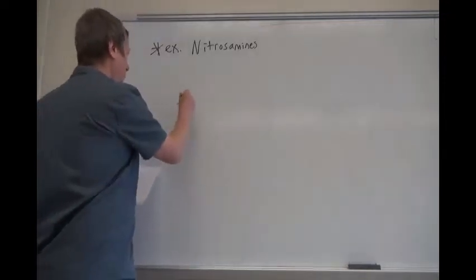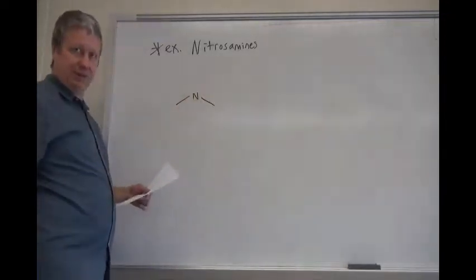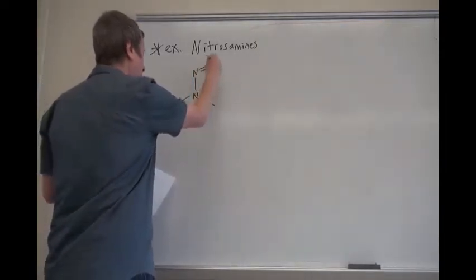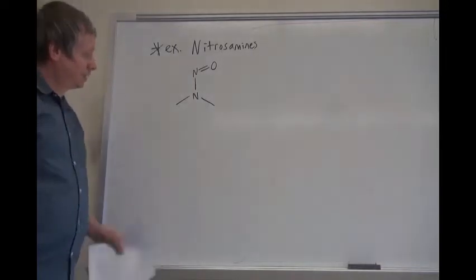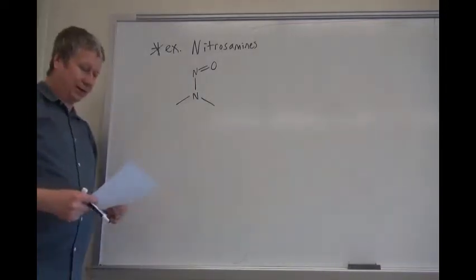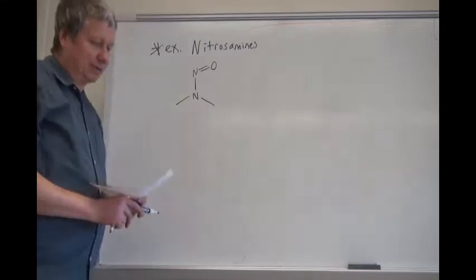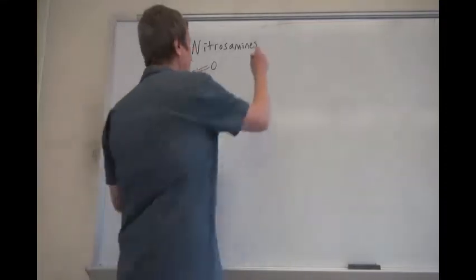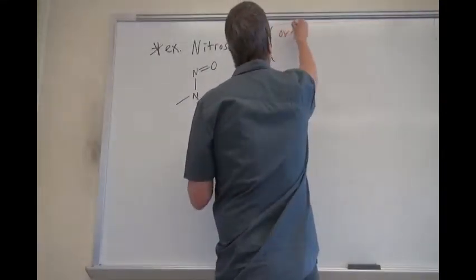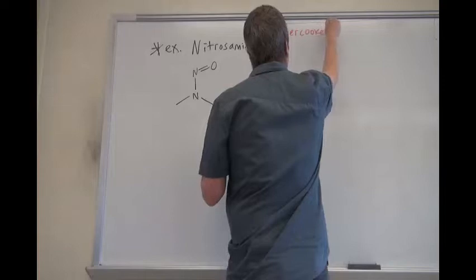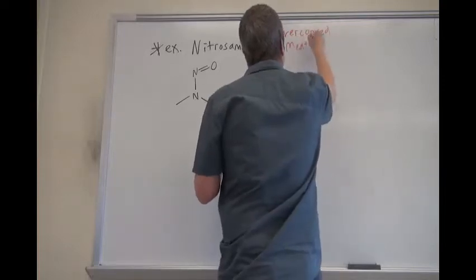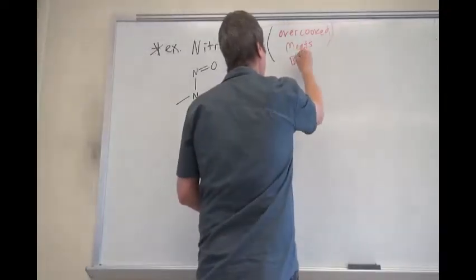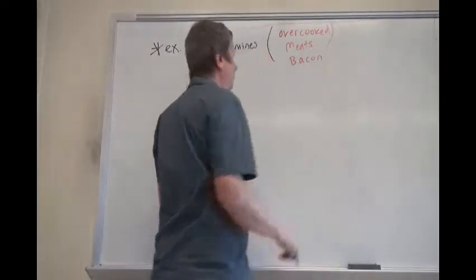An example of a nitrosamine is connected to an amine. It looks like this, N double bond O, connected to nitrogen. You have two methyls on it. Now these are actually found in some meats, overcooked meats, some overcooked bacon, for example. So these are actually found in common foods.